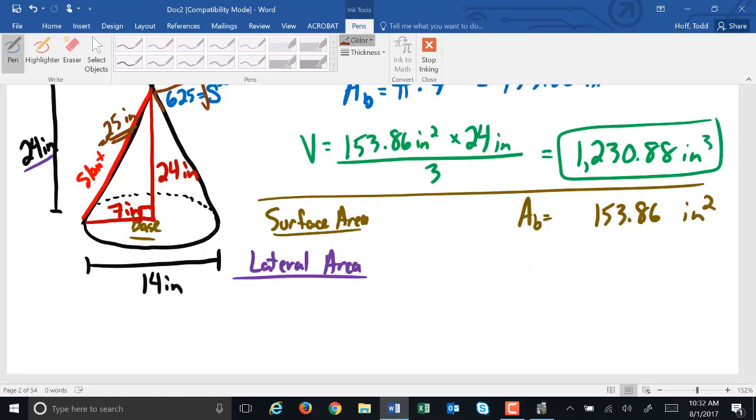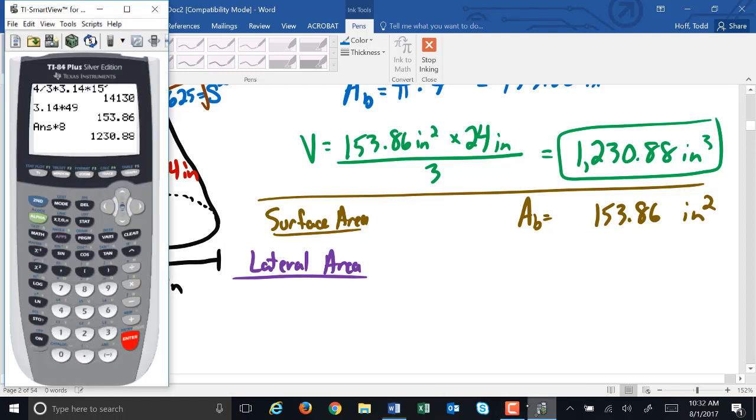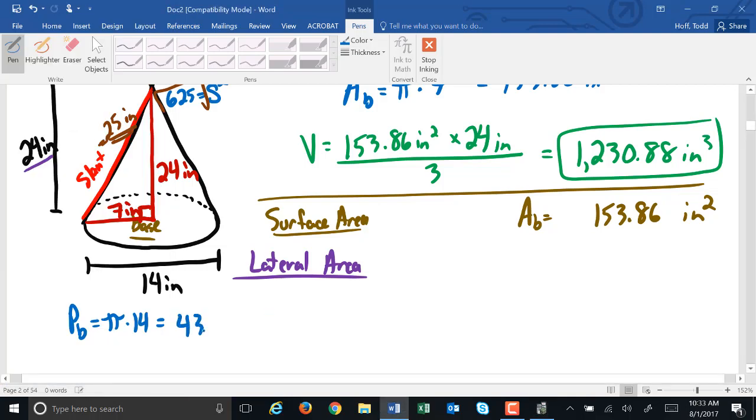Next, we need the perimeter of the base, which is a circle, which will be pi times diameter, pi times 14. Give us 43.96. So the lateral area here becomes that perimeter of the base, 43.96 inches, times that slant of 25 inches, divided by 2 because it's triangles.